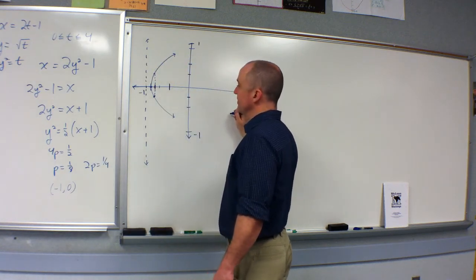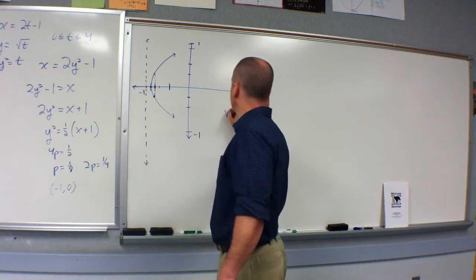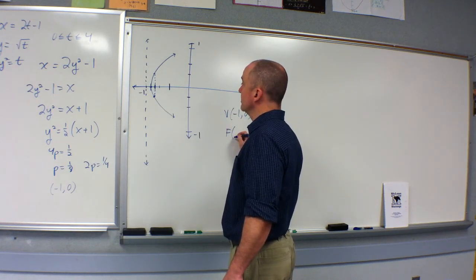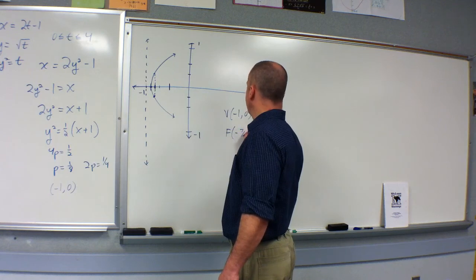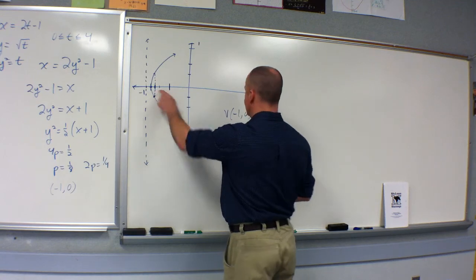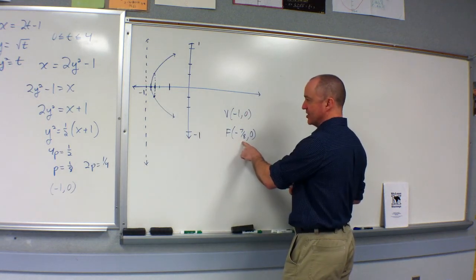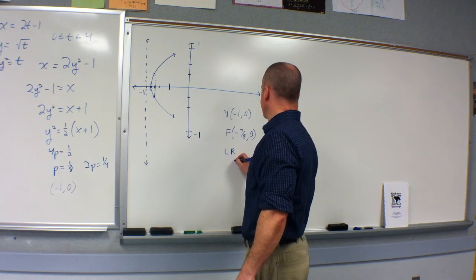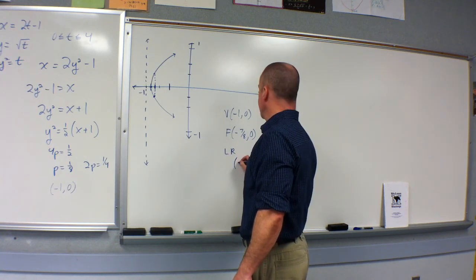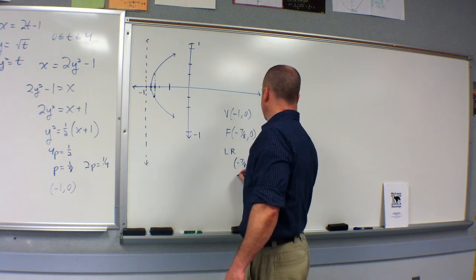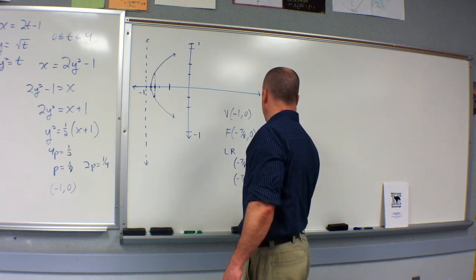Labeling everything, the vertex we already said was -1, 0. The single focal point is -7/8, 0. If I only want 1/8 back from -1, that should only take me to -7/8. And the latus rectum runs from -7/8, 1/4 to -7/8, -1/4.